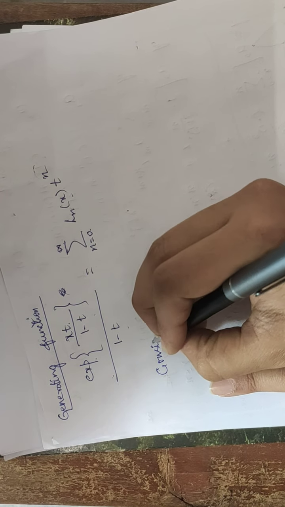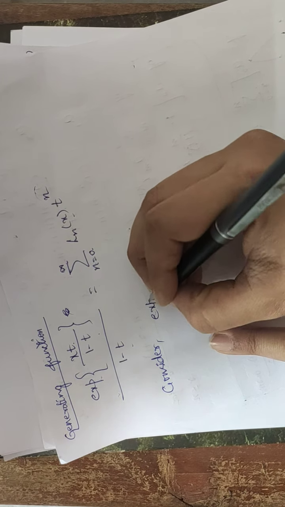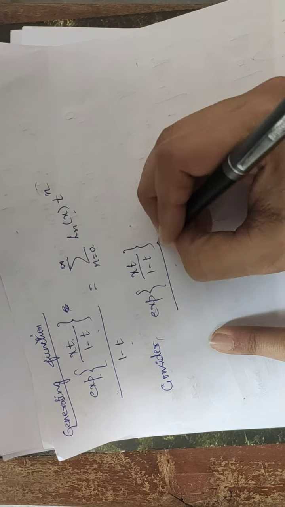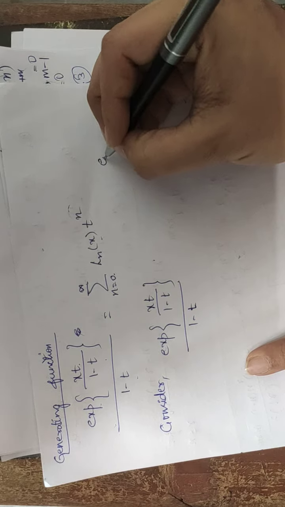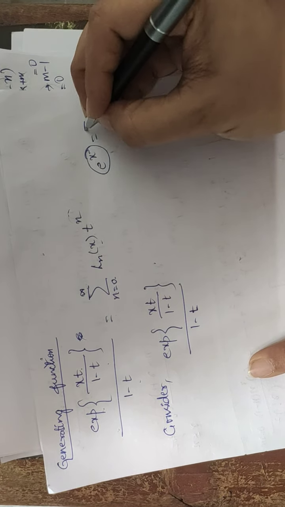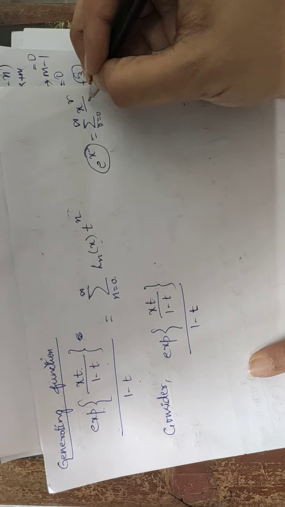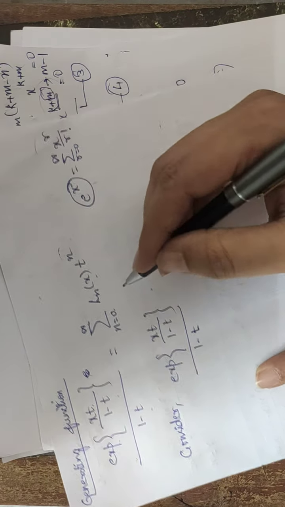Consider, I can write this as exponential of (xt by 1 minus t) whole divided by 1 minus t. So we know the expansion for e power x. Let's use that. So e power x is nothing but summation r is equal to 0 to infinity x power r by r factorial, right? I will use this expansion here.